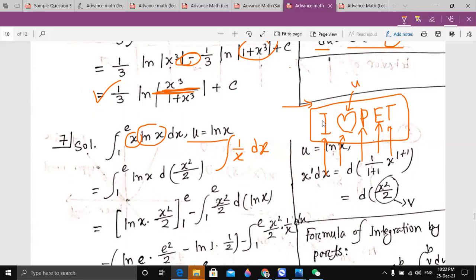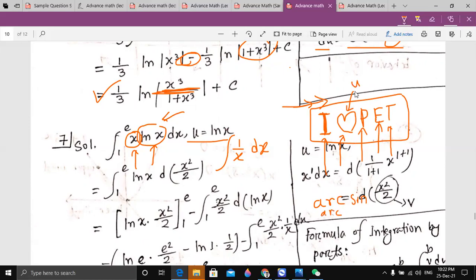So here we are using the u substitution rule, and there is a formula to select u. We have x, that is a power function, and we have ln, that is a log function. The order is from left to right. The first priority is I, that means inverse trig function, that means arc sin x, arc cos x.